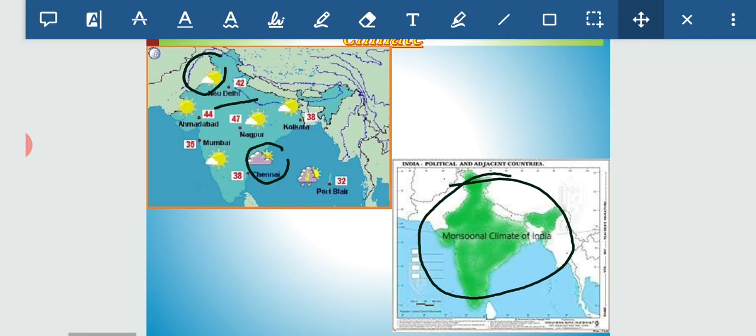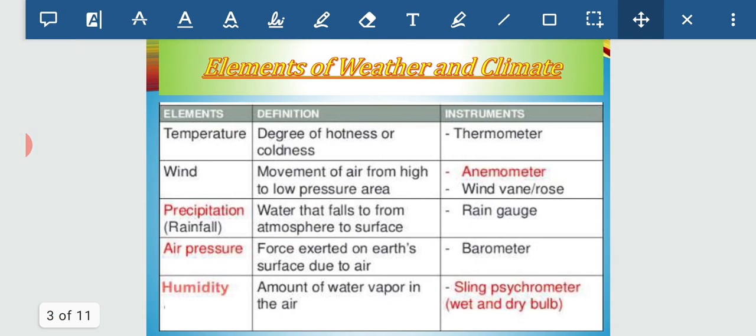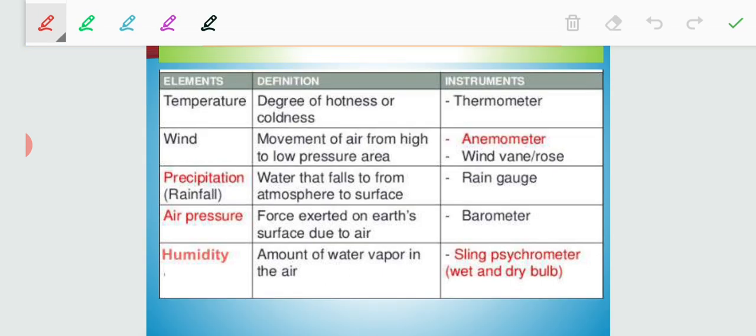Now let us move to the elements of weather. What are the elements of weather? There are 5 elements of weather. Number 1 is temperature. What is temperature?